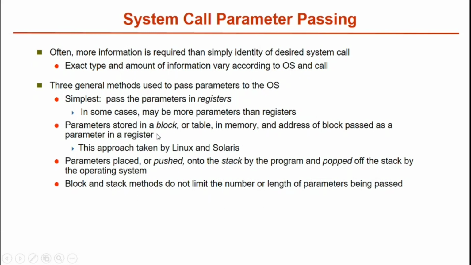Then parameters are stored in a block or table in memory, and the address of the block is passed as a parameter in a register. This approach is taken by the Linux and Solaris operating systems.